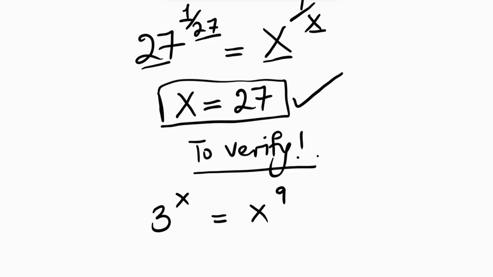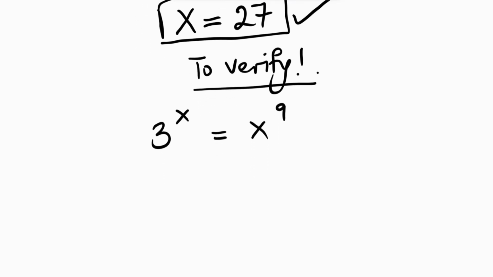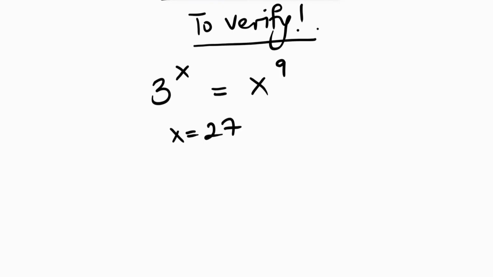So let's see if 3 raised to the power x is equal to x raised to the power 9. Our x value is 27 from our solution. So let's plug in 27 anywhere we see the variable x. So this becomes 3 raised to the power 27 equals 27 raised to the power 9.